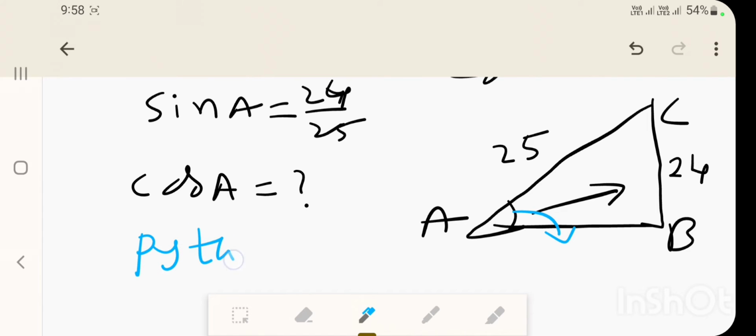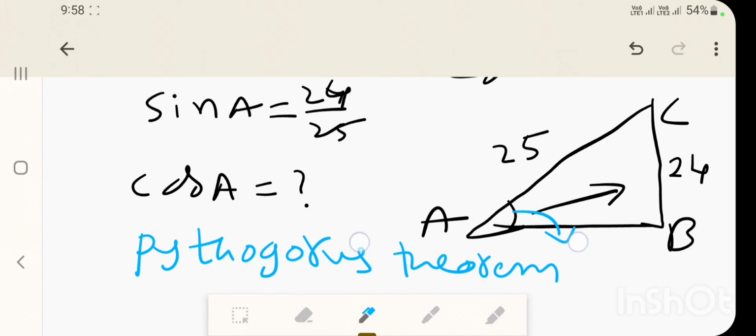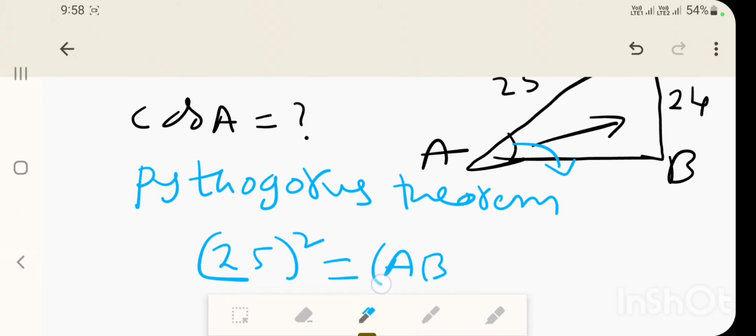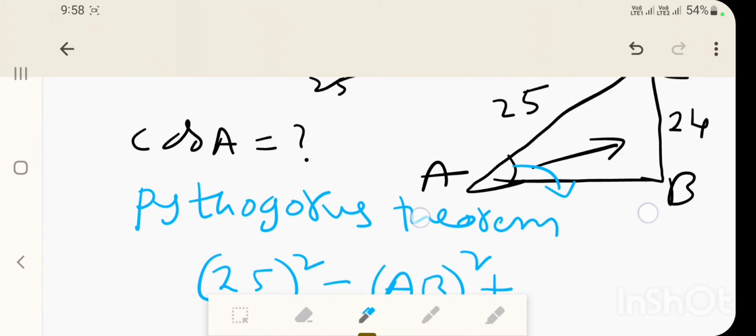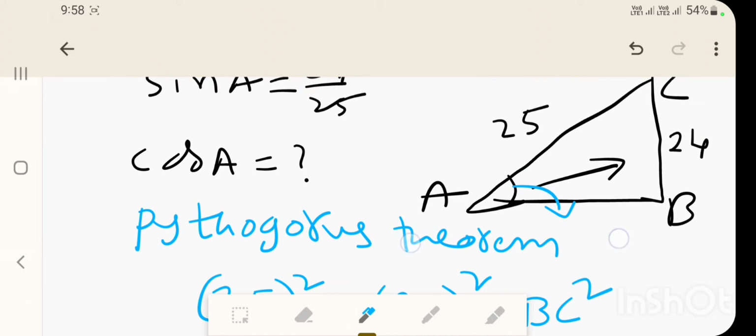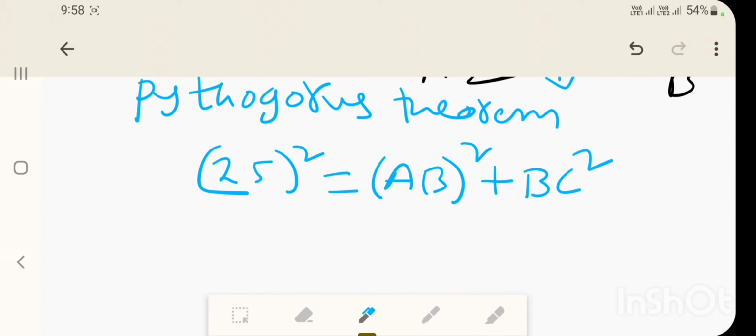Using the Pythagoras theorem, we can calculate AB, so that we know that hypotenuse square, that is AC square, is equal to AB square, which we need to calculate, plus BC square. Okay, BC square, it is given 24 already. It is similar to the calculation we have done in the earlier problem.